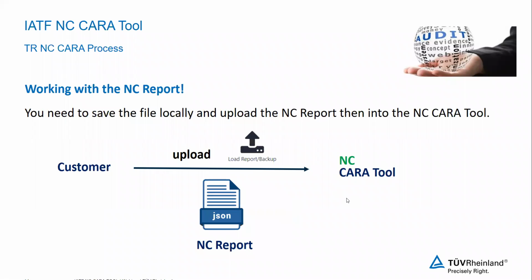Right. So now it is for you to work with this NC report. So first thing you need to please do is save the file locally or in your company network in order to be sure that you have the file available. And then you press the upload button and import it into your NC CARA tool. So now you have the JSON report available in the NC CARA tool.